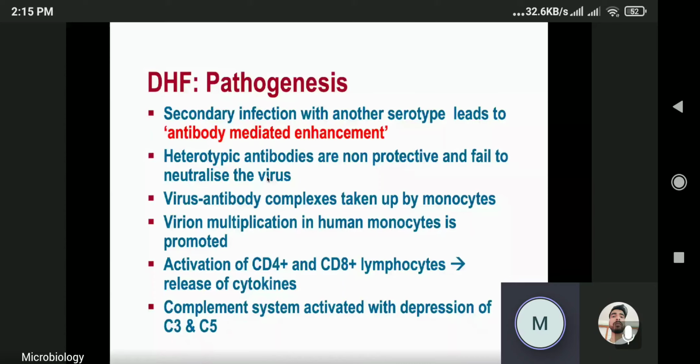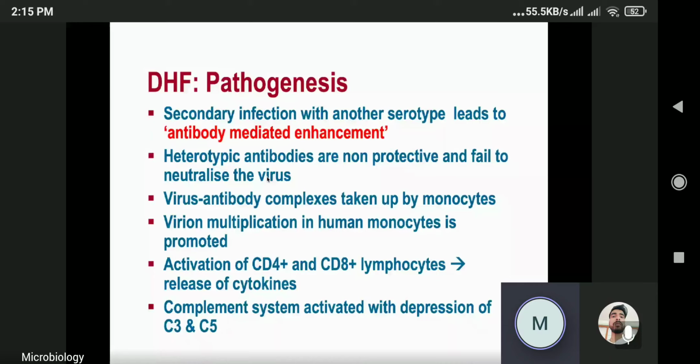That is the main reason why the clinical features progress to more severe conditions in dengue virus if there is infection with different serotypes at different times.